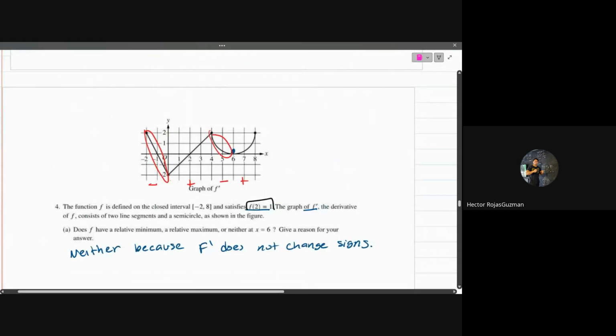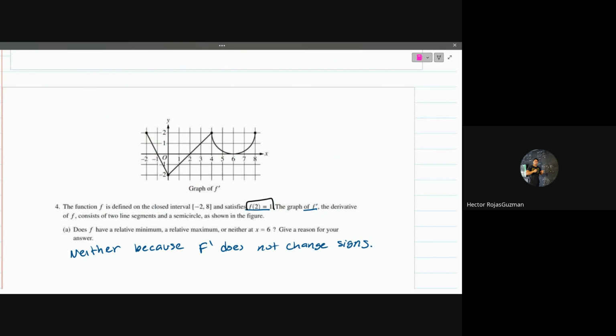Since this graph is f prime, it's going to be pretty easy to find f prime of 2. It's, is it 0? Hold on, because in my notes I have something else. So let me just make sure. Okay, yeah, it is.